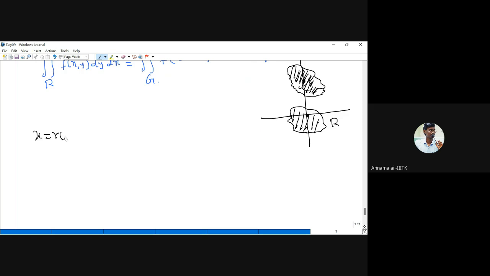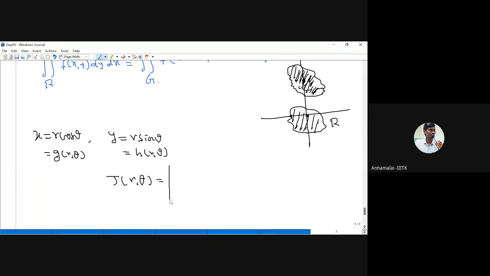It's a function of r and theta, instead of u and v. And y equal to r sin theta. So x is a function of r and theta, and y is a function of r and theta. Now, what is the Jacobian of this with respect to r and theta?